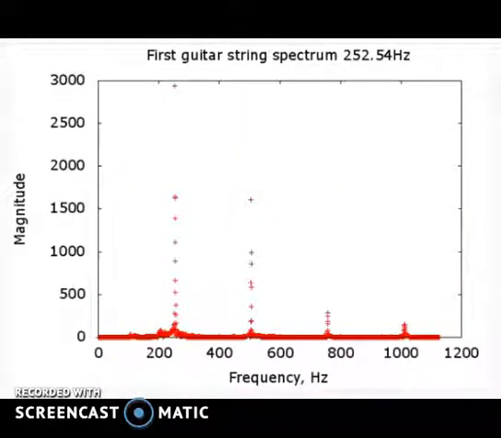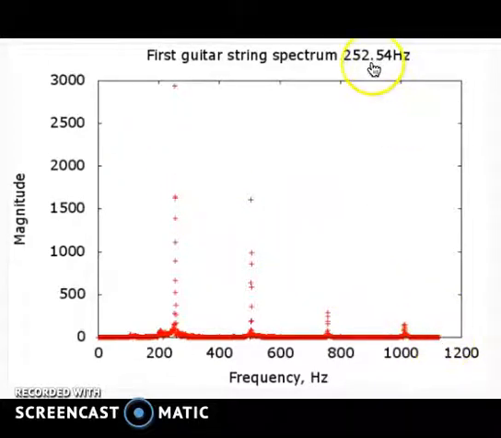The second pattern I had you deal with was the relationship between the fundamental frequency, that is the first frequency, the main frequency that you hear, and its subsequent harmonics, the second, third, fourth, and in theory there are an infinite number of harmonics just with decreasing amplitude here.